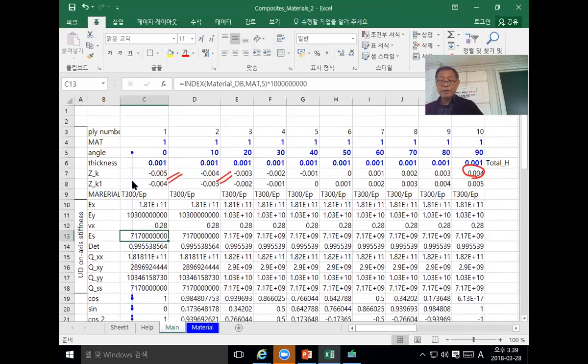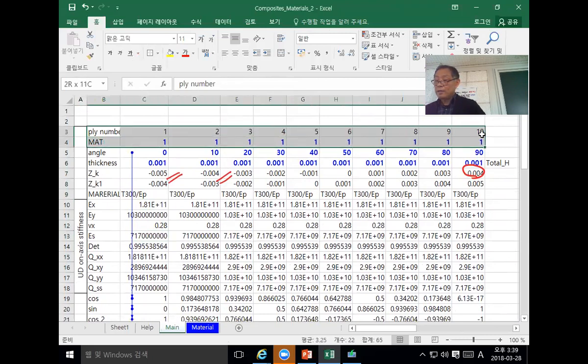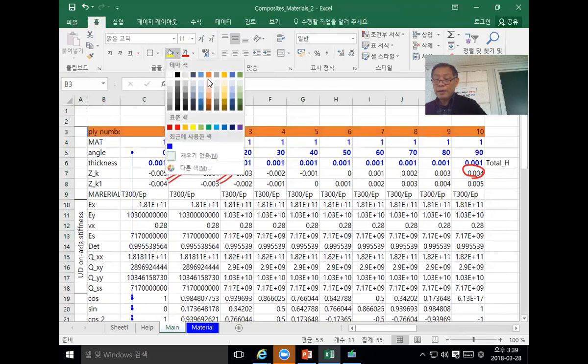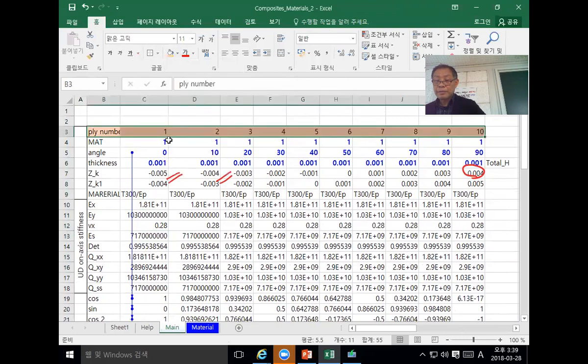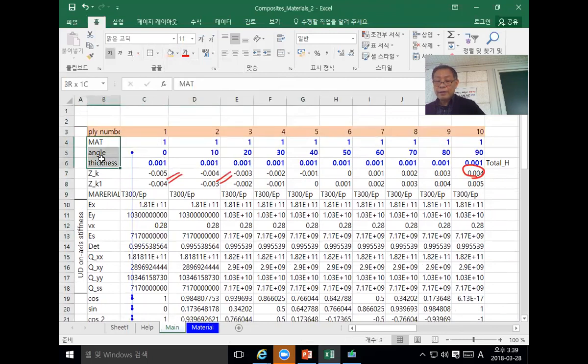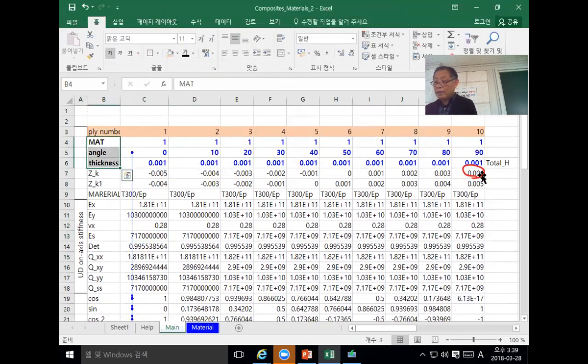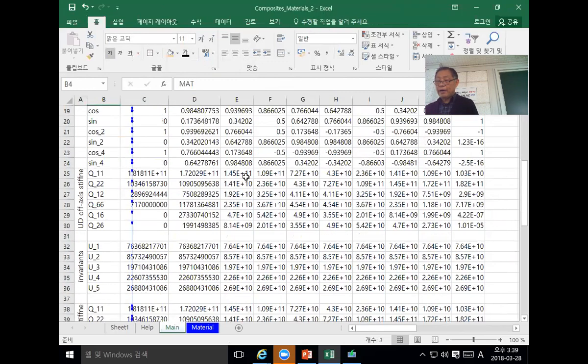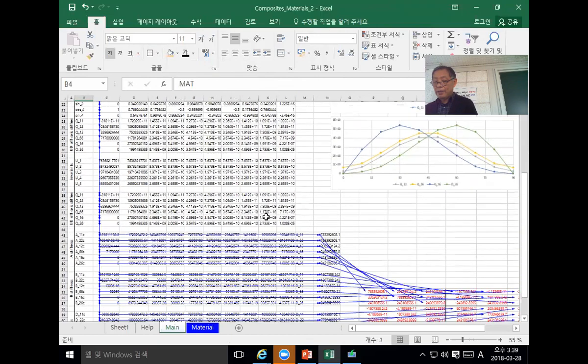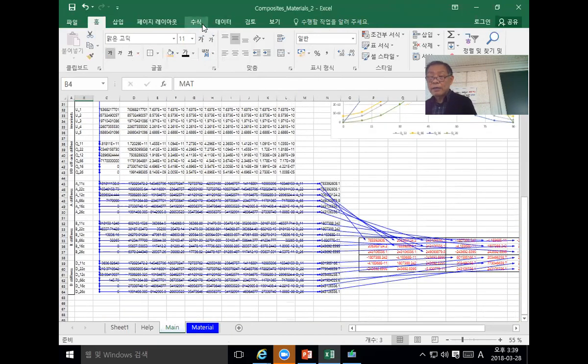Okay, so this one, now you can format anytime. Line numbers, and these are again the information you need to specify. Okay, let's format it later, but anyhow, these are given, and finally we can have an ABD matrix, right?